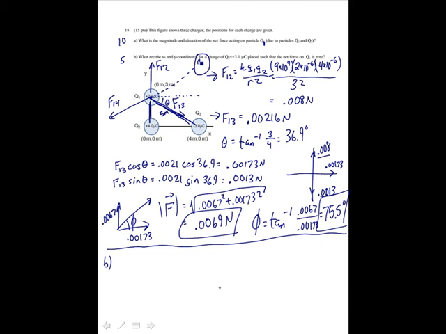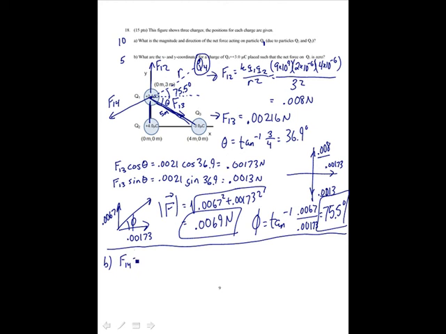This is going to be Q4. It has a value of +3, so that's why you have to place it up there. I already know that this angle right here is 75.5 degrees, because it's going to provide an equilibrant vector, that equilibrates the force vector. So I just need to find out what is r, this distance.